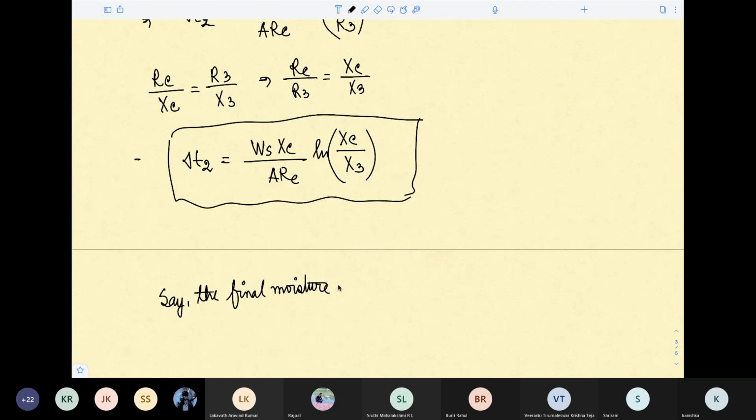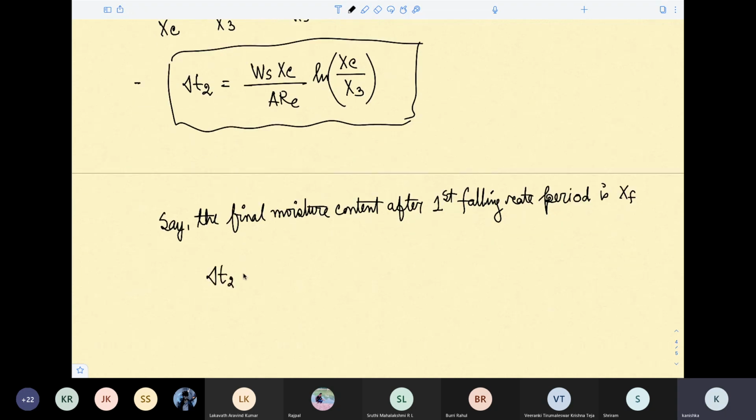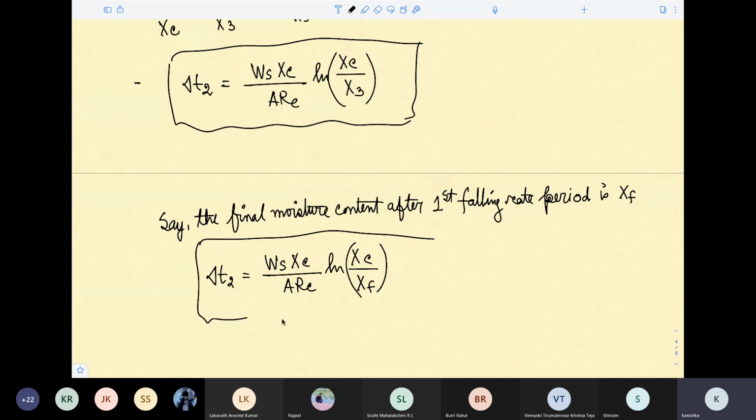So what we will write? Delta T2 equals WS XC by A RC ln XC by XF. This is the final expression. Any question?